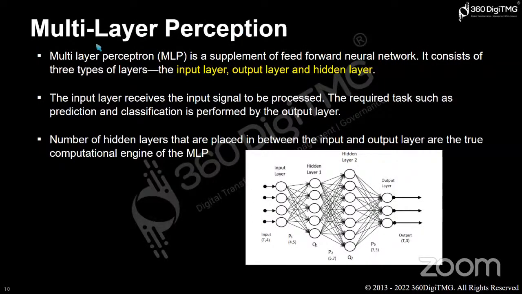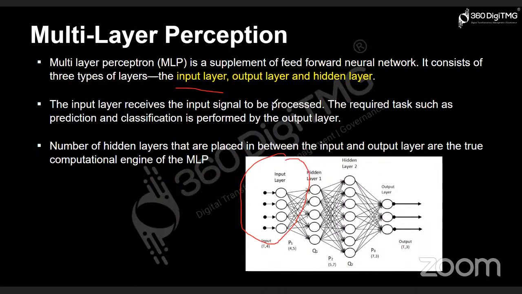It consists of 3 layers, basically. One is the input layer, you can see here. Then we'll have hidden layers, which can be more than one, and an output layer.